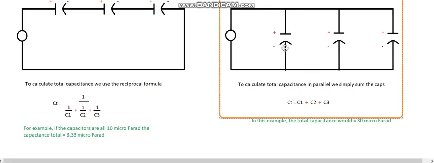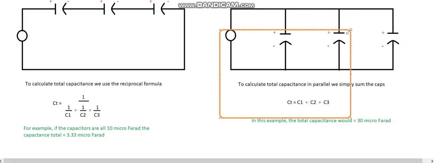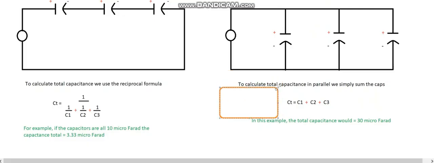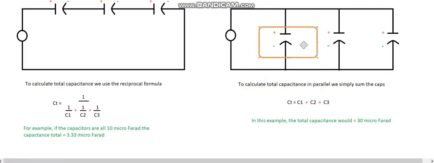Well, understanding that the capacitance of a capacitor, its ability to store a charge, is a function of the size of the plate, the distance between the plates, and the strength of the dielectric material. Let's focus on the first thing, the size of the plates. Let's look at the size of this plate here.